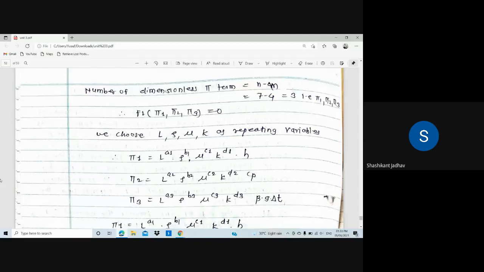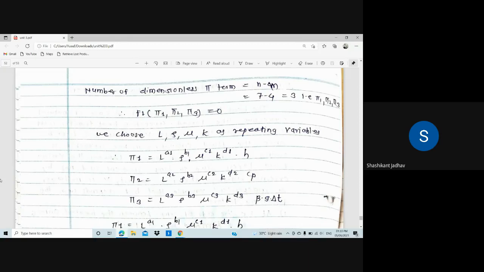Okay, then next step, the number of dimensionless terms, that is pi terms. How to calculate that? n minus m. So the number of dimensionless terms is equal to n minus m.